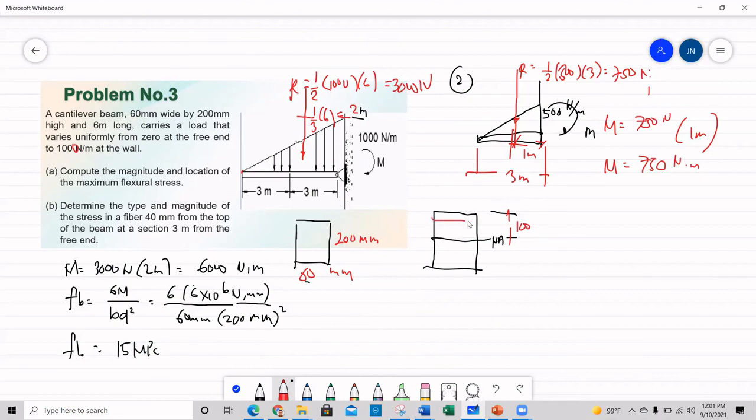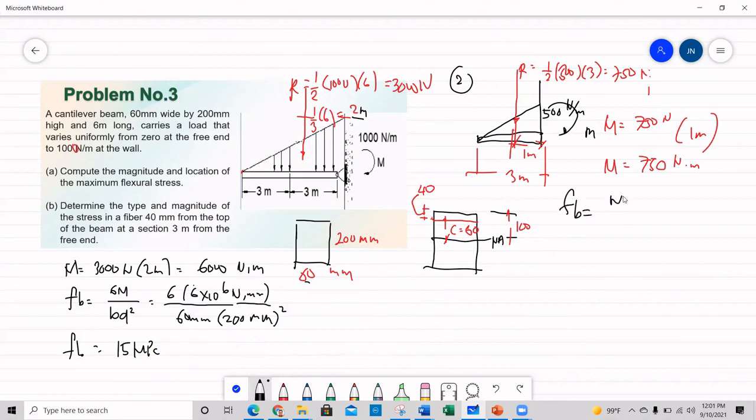So the 40 is here. So what is being asked is only this location, which has a C equal to 60.